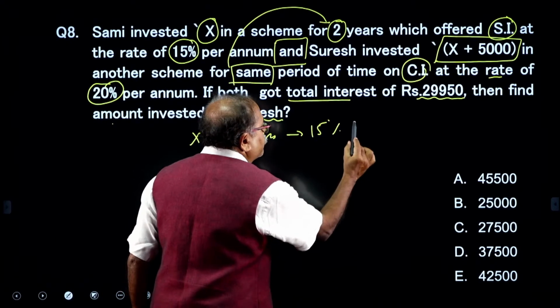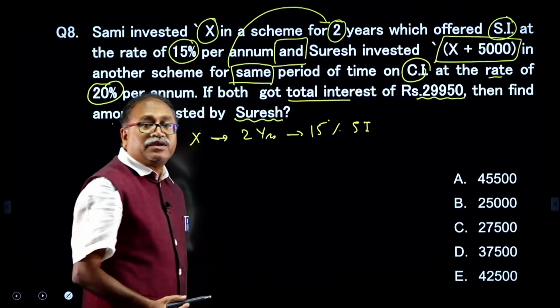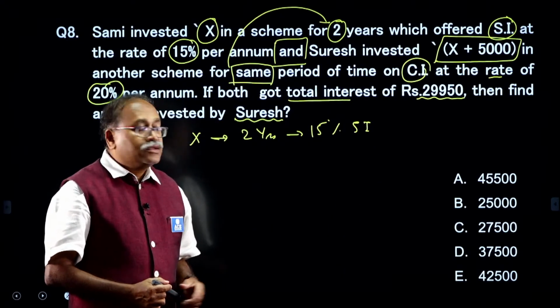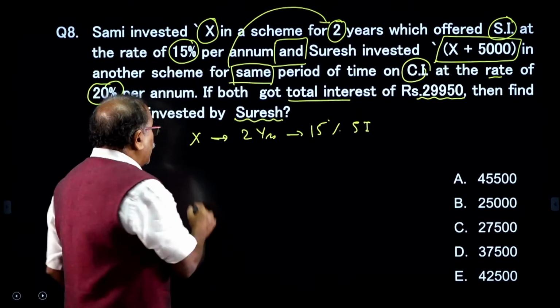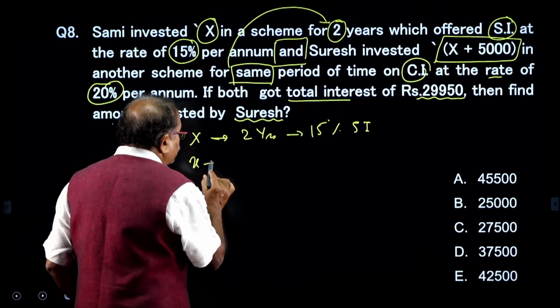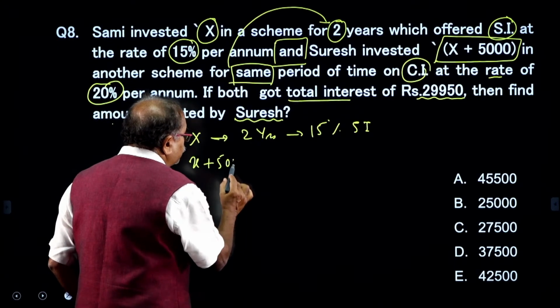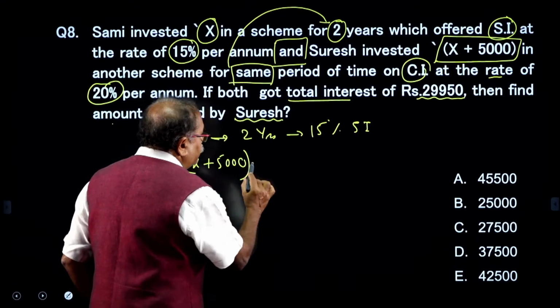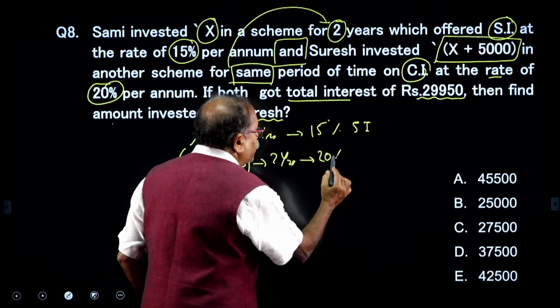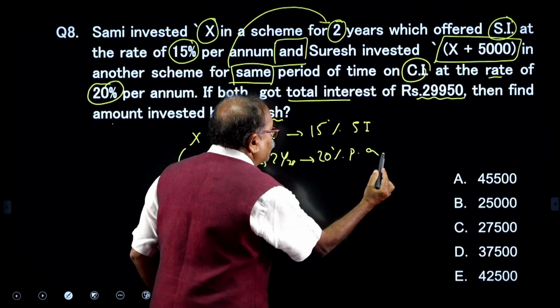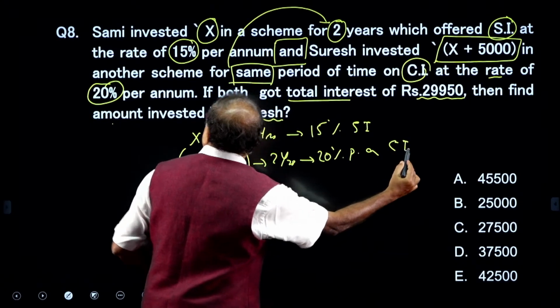What is the total interest? 30% of X. And the other person invests X plus 5,000 for the same period, that is 2 years, at 20% per annum compound interest.